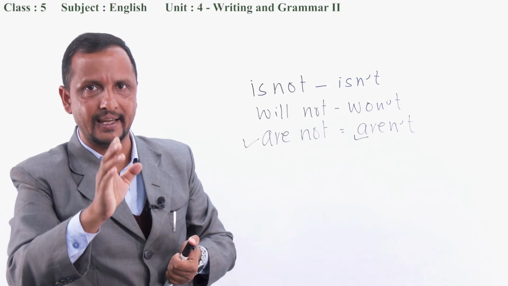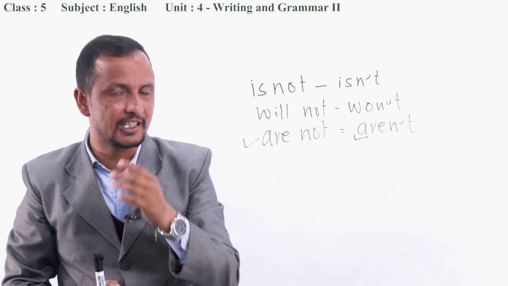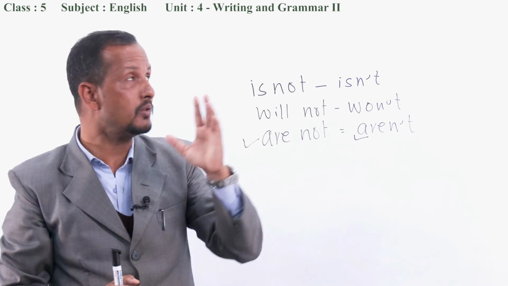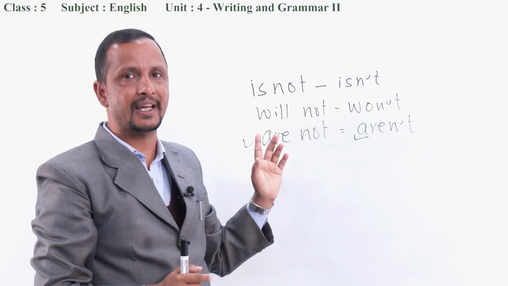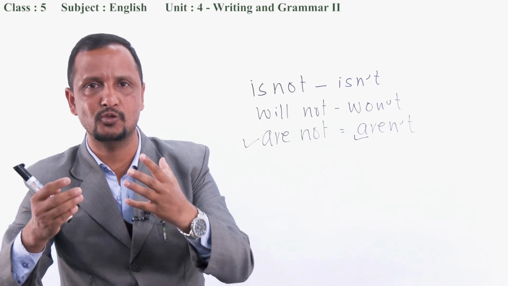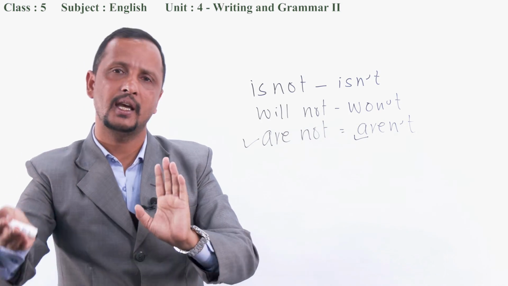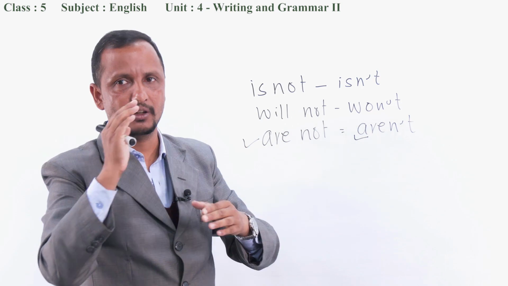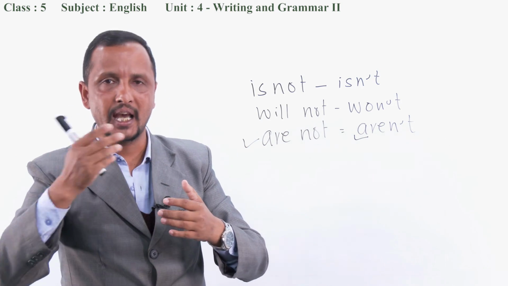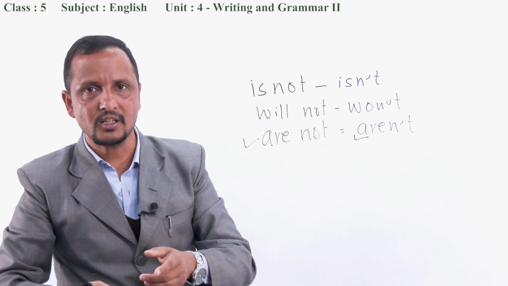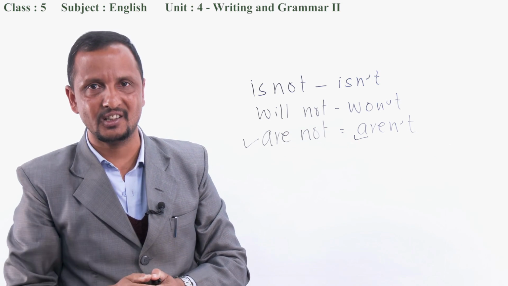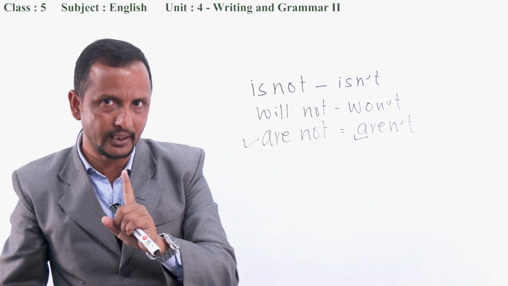Now, once again, dear students, for making negative, earlier I said you, list out auxiliary verbs like is, am, are, was, were, has, have, and add not, is not, am not, are not, like that, and you practice a lot, you'll be clear. Okay?